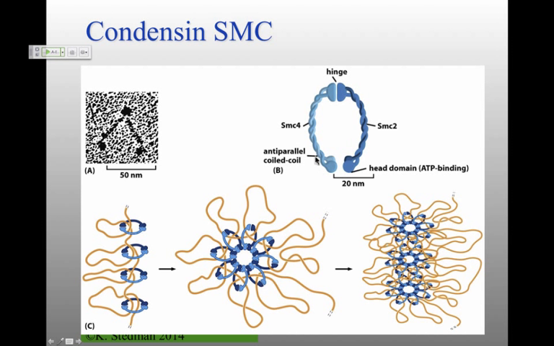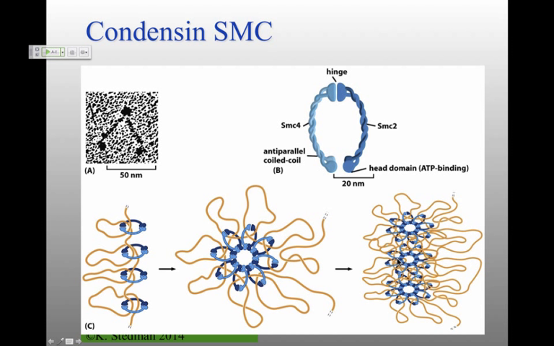These head domains like to interact with each other. And so just by themselves, all of these SMC proteins interacting with each other, if they're clipped around DNA, are going to pull that DNA together in sort of a helical form. Here it's shown as a circle, but usually these guys are stacking on top of each other as helices, and you can see that over on this side.